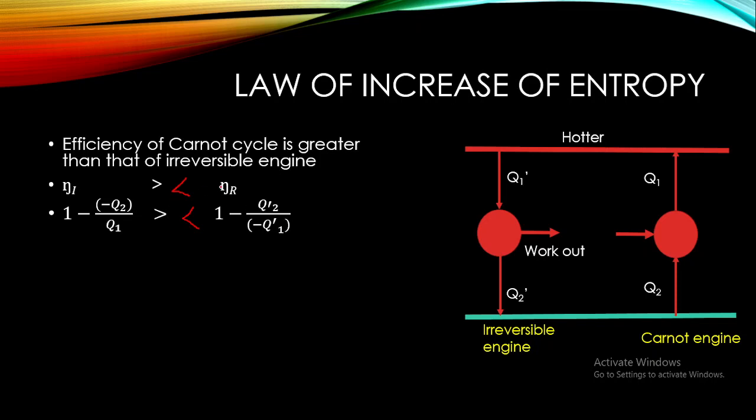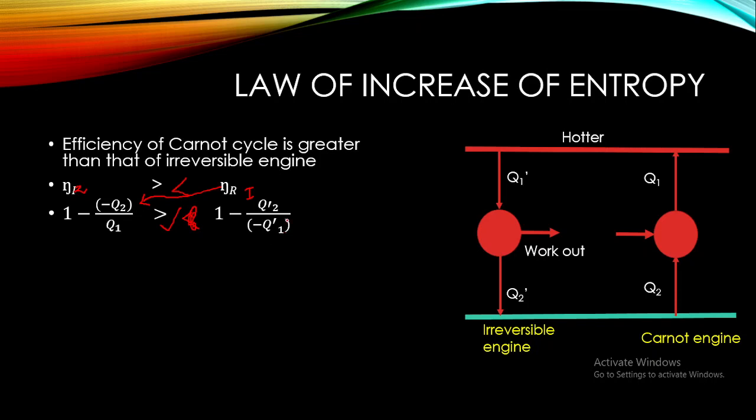Okay, I think I have written it the wrong way. This is the expression for eta R and this is the expression for eta I. The only difference is that here it should be the reversible case and here it should be the irreversible case, I. So it is 1 minus, from the colder, minus Q2 divided by Q1, which will be greater than 1 minus Q2 prime, that is colder, by hotter, Q2 prime divided by minus Q1 prime.